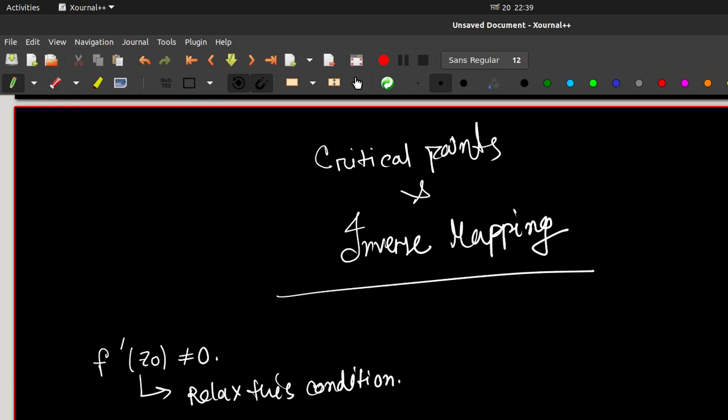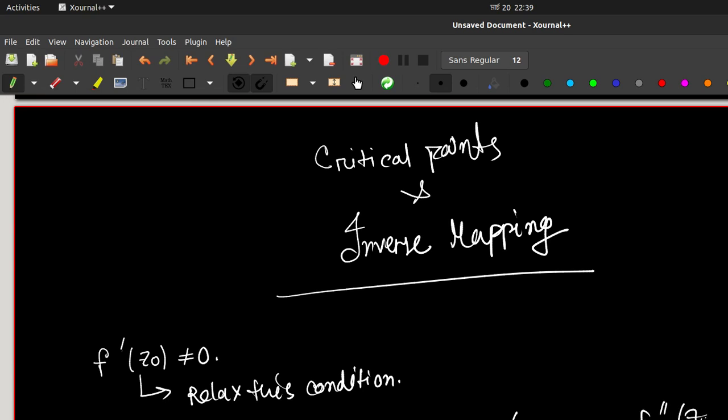We also suppose that for any z naught belonging to D, the first derivative f prime of z naught can be 0.